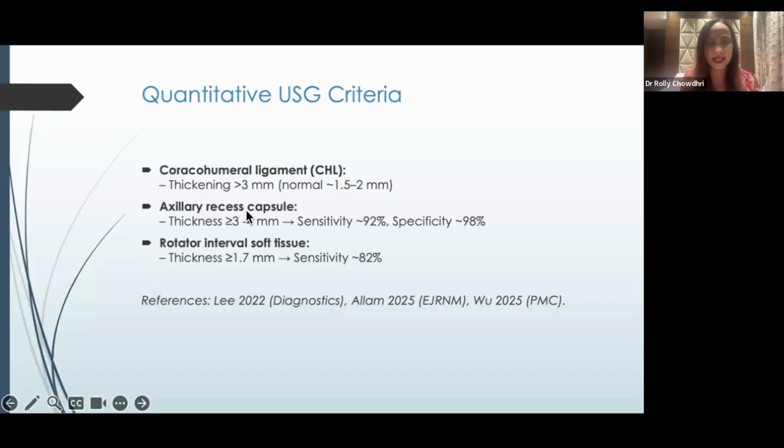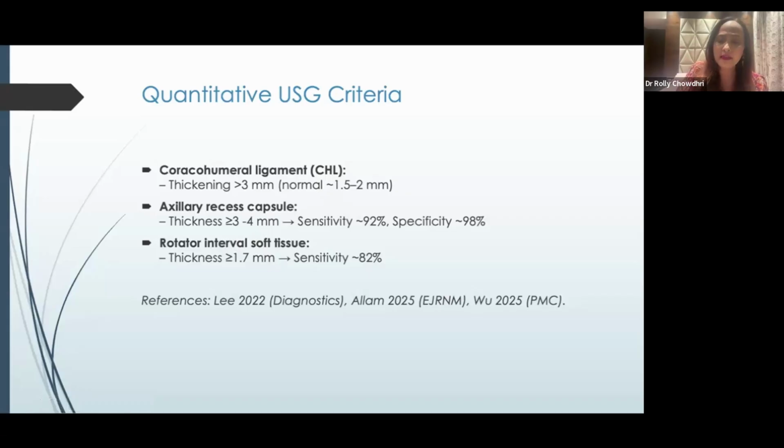Axillary recess capsule or axillary pouch thickness more than 4 mm has very high specificity and a very high diagnostic accuracy of 98%. Rotator interval soft tissue normal thickness is 1.7 mm, and if it is more than that, or just by eyeballing, you can see that rotator interval soft tissue. So another take-home slide is this, which we need, and then dynamic assessment.